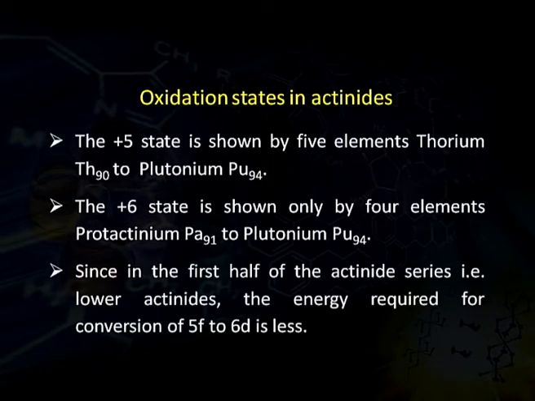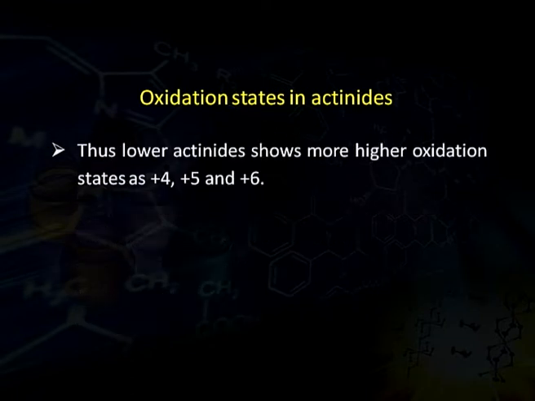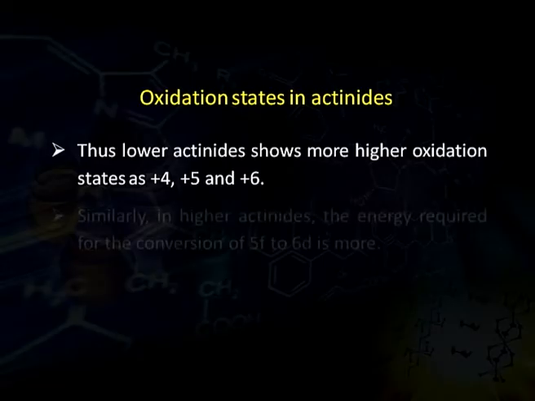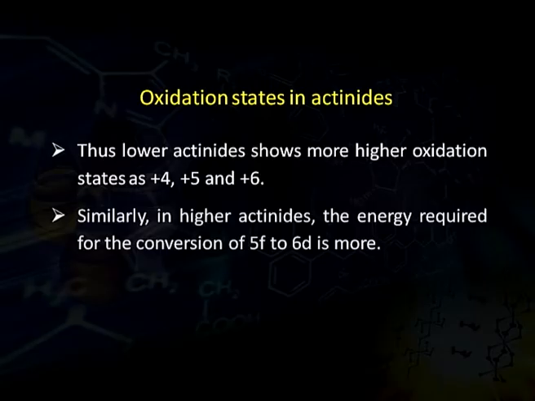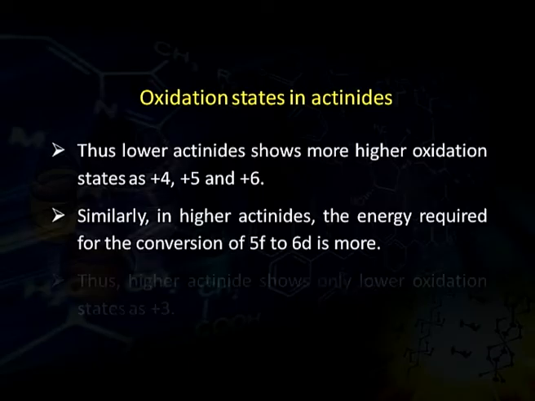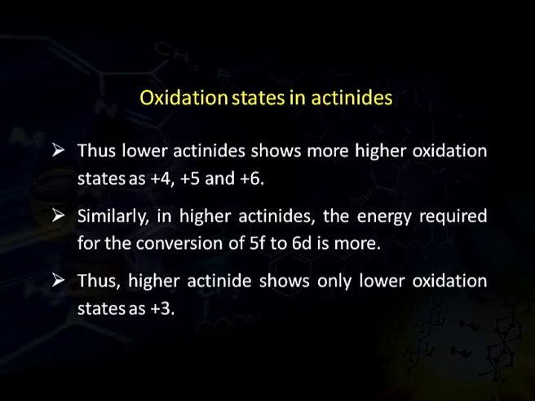Since in the first half of the actinide series, that is lower actinides, the energy required for conversion of 5f to 6d is less, lower actinides show higher oxidation states of +4, +5 and +6. Similarly, in higher actinides, the energy required for the conversion of 5f to 6d is more. Thus, higher actinides show only the lower oxidation state of +3.